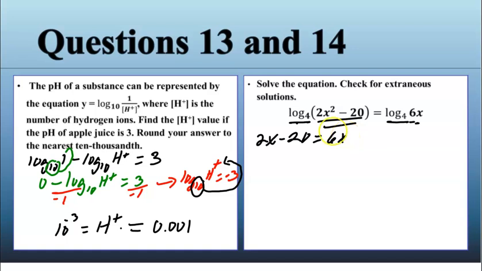Now I can change this to a polynomial or a trinomial. So I'm going to subtract 6x on both sides, and I'm left with 2x minus 6x minus 20 equaling 0.